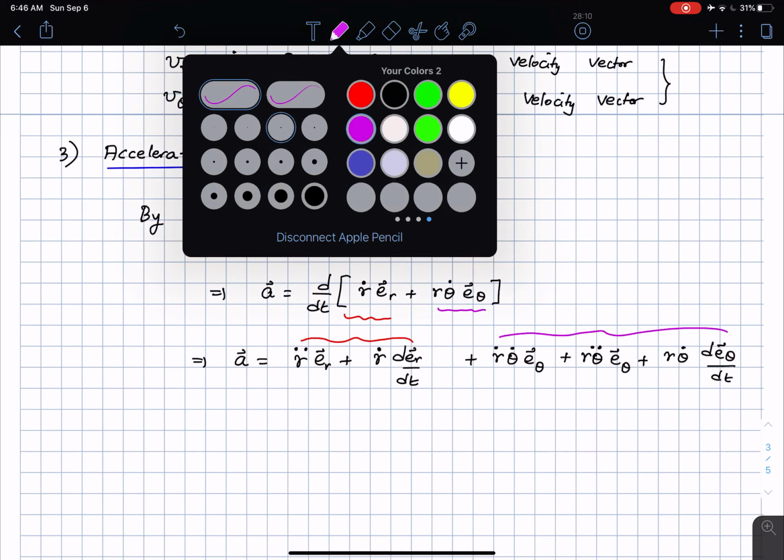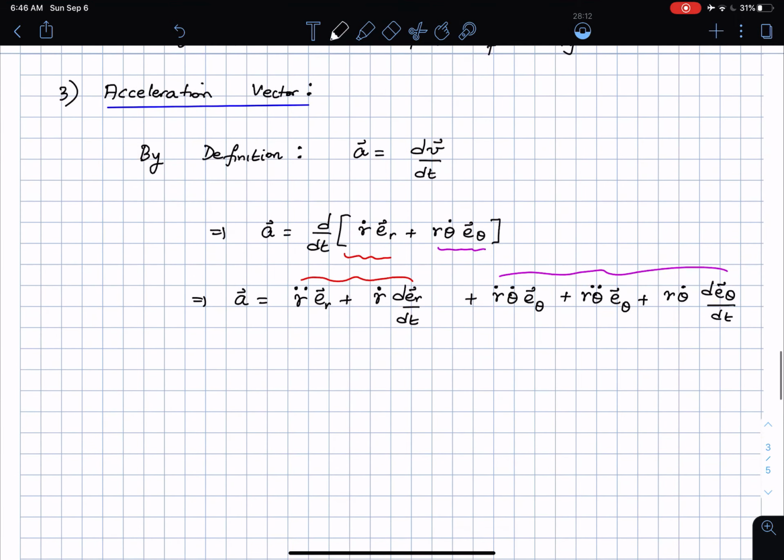All right, so now I'm going to start simplifying. Acceleration is r double dot er, and then r dot der by dt is d theta by dt in the e theta direction.